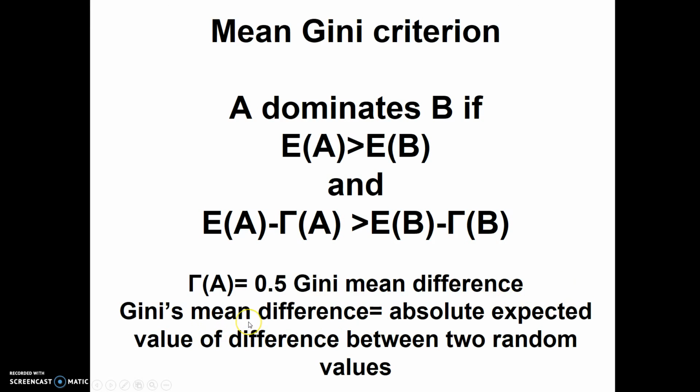The Gini mean difference is the expected absolute value of the difference between two random values. In other words, it's the mean absolute difference.